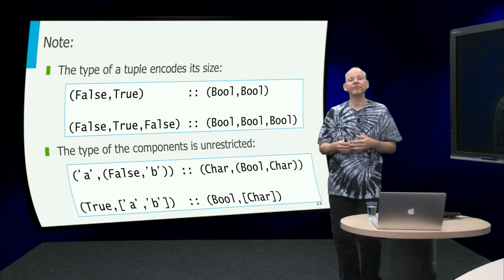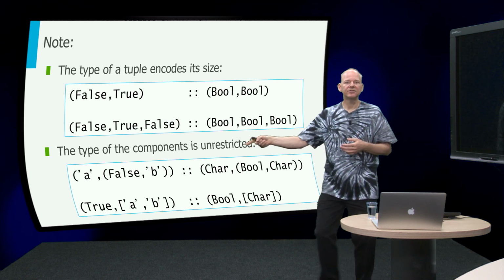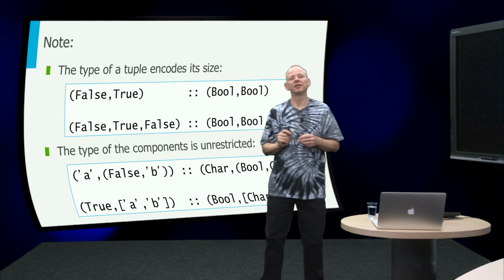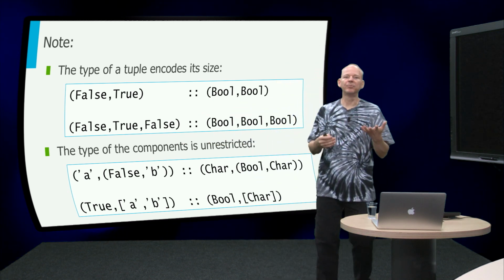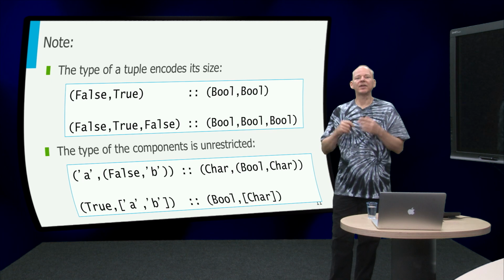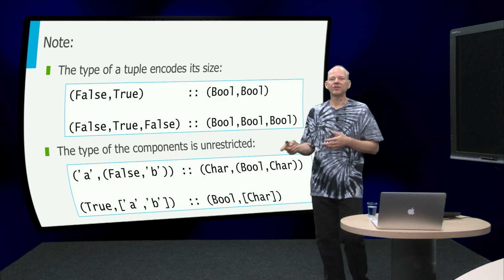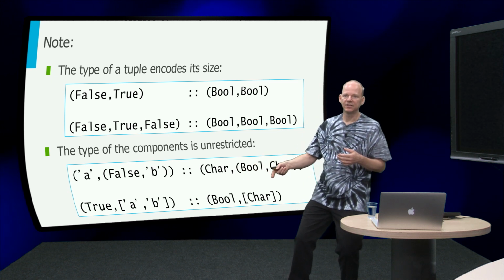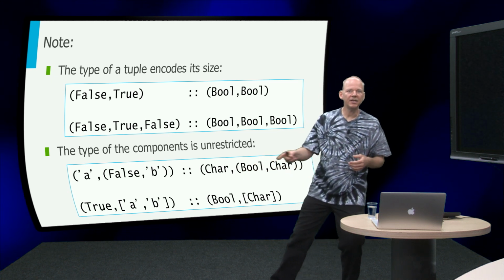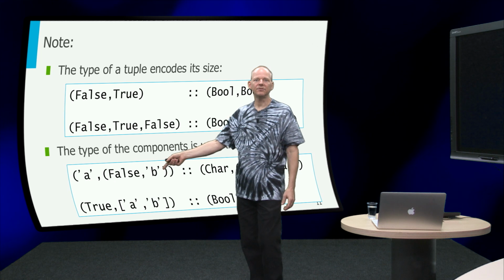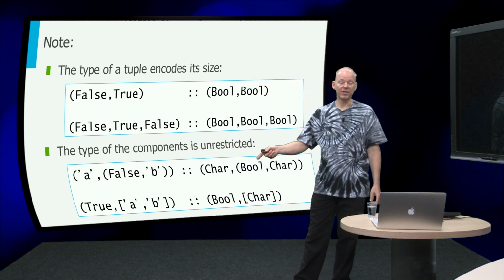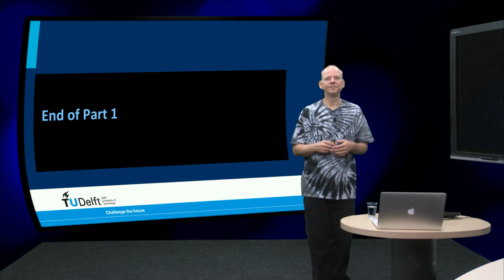So in this case, we have a tuple that contains a character, and then as the second value, a tuple that has a boolean and a character. And then the last example there is a tuple that has a boolean and then a list of characters. So you see, there's a boolean, True, and a list of A, B, and we see that the type there is Bool and list of Char.